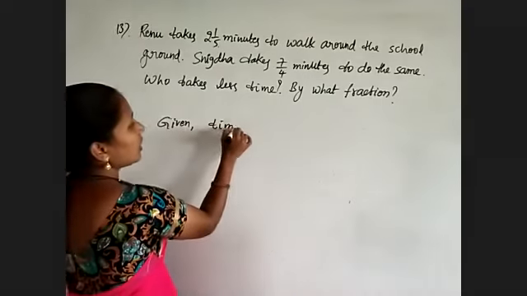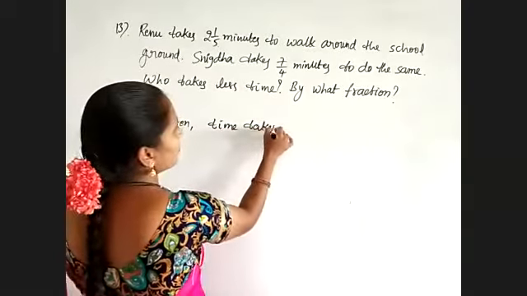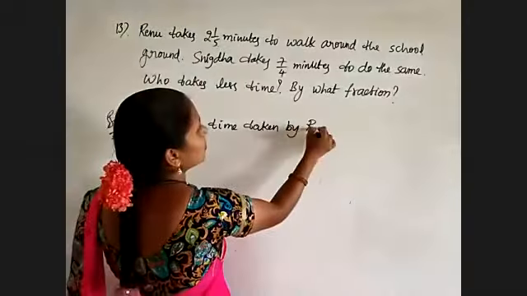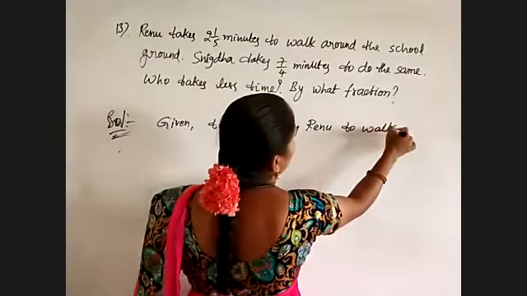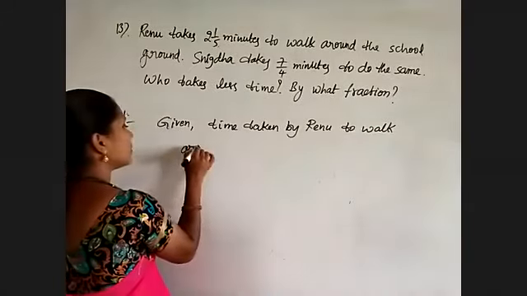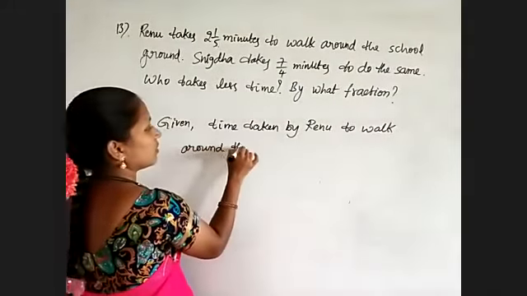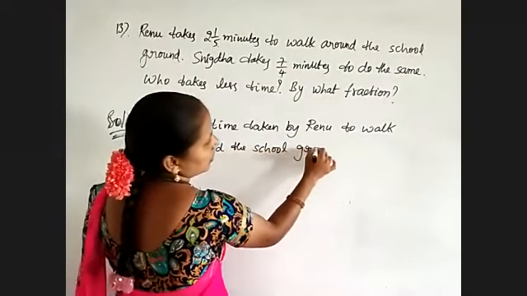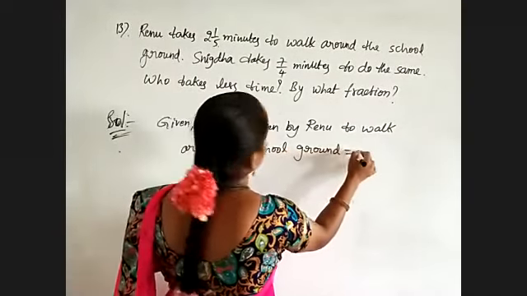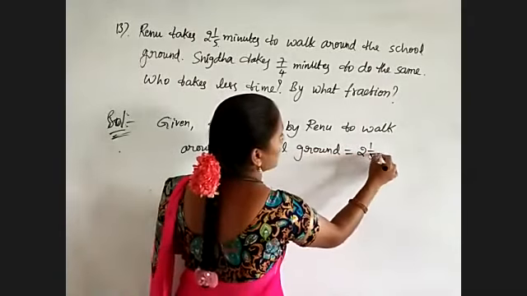So first thing, given time taken by Renu to walk around the school ground is equal to 1 2/5 minutes.